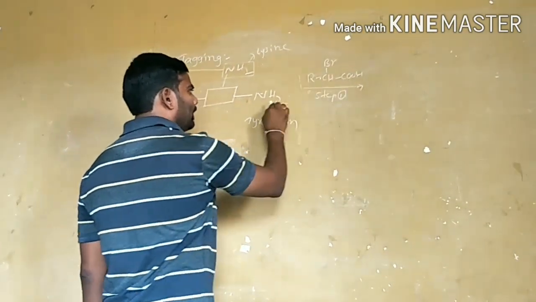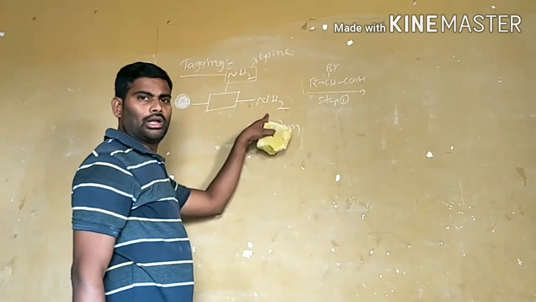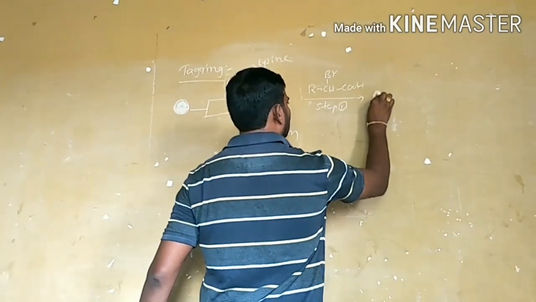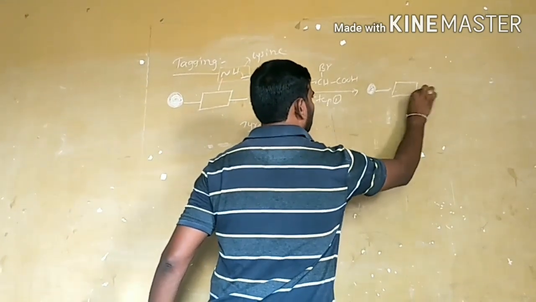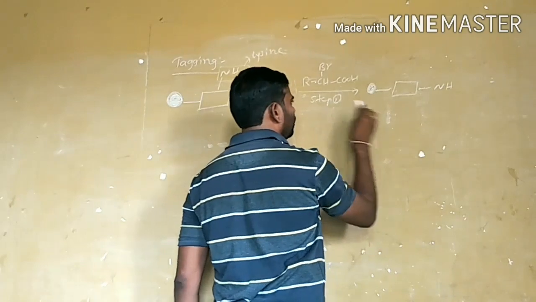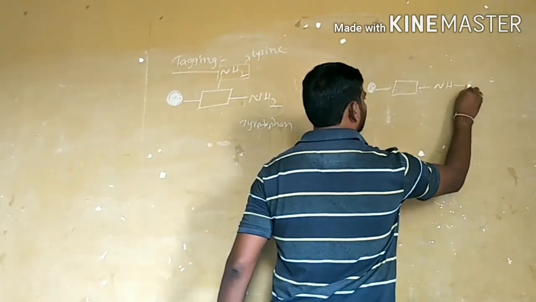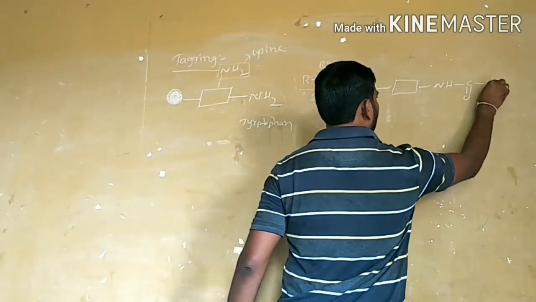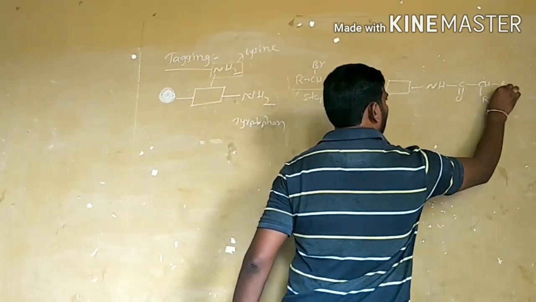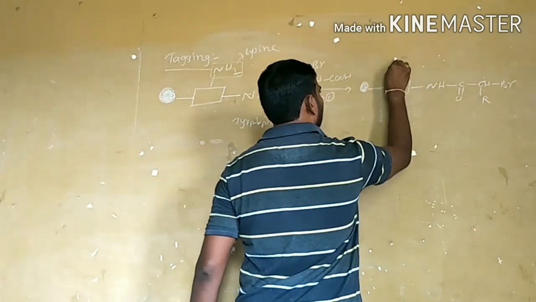This acid derivative is added to the linker, producing an amide NH by loss of water molecule, CO-CH-R, and here NH2.